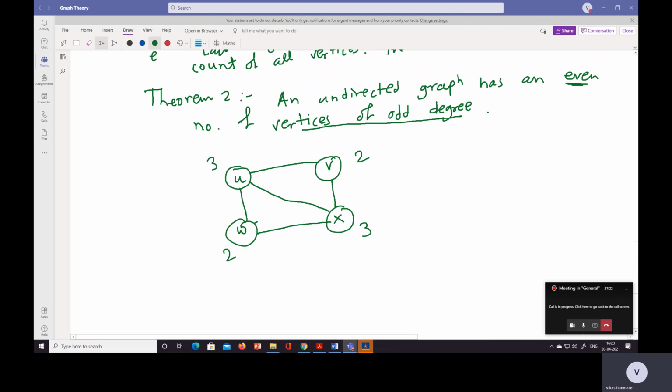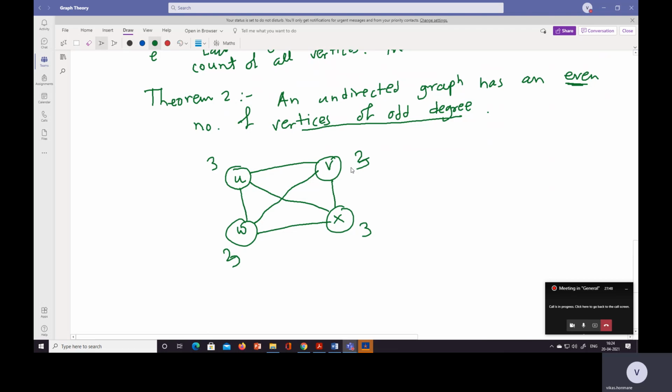Suppose we add one more edge to this graph, w to v. Now the degrees change. The degree of w is 3, and the degree of v is 3. Now count the number of vertices with odd degree.